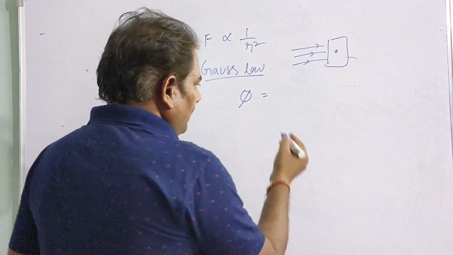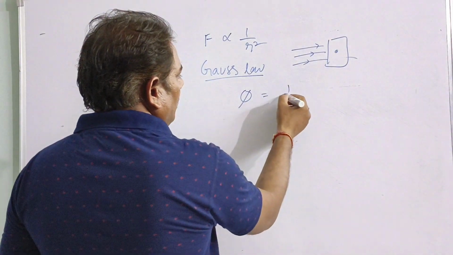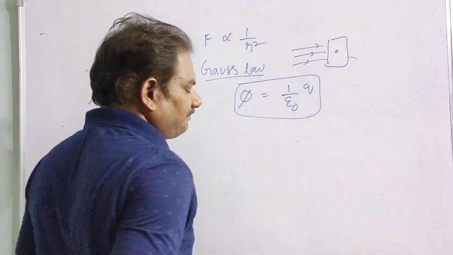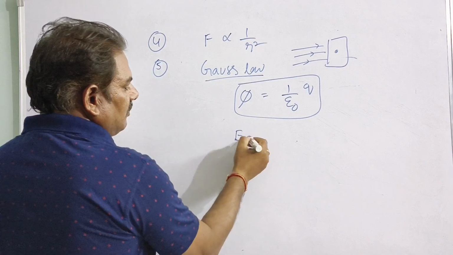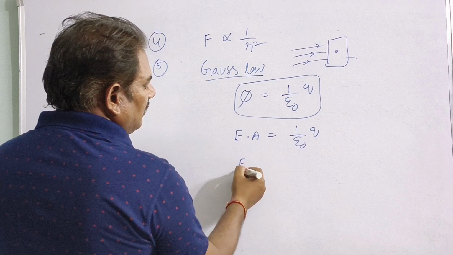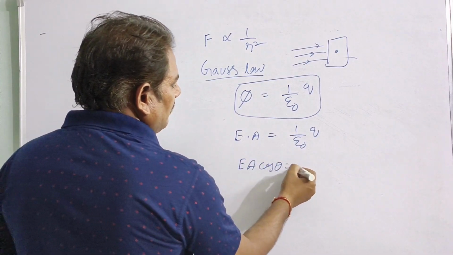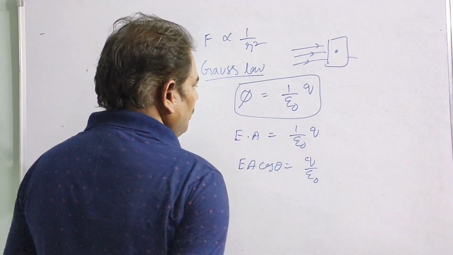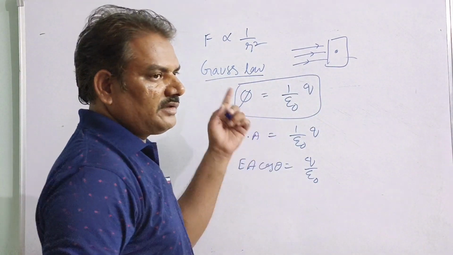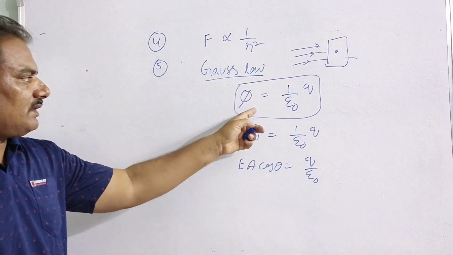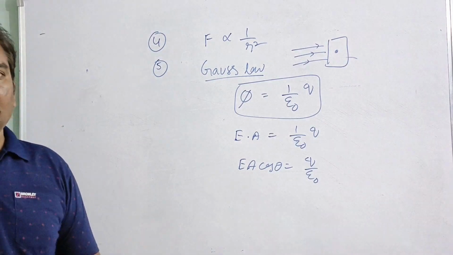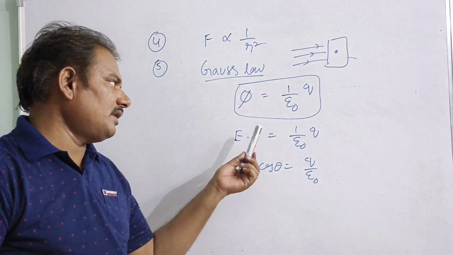So simple, the flux is equal to 1 by epsilon naught times the net charge. This is called Gauss law. So we know flux is equal to E dot A equal to 1 by epsilon naught into Q. So EA cos theta is equal to Q by epsilon naught. This is called the statement of Gauss law.